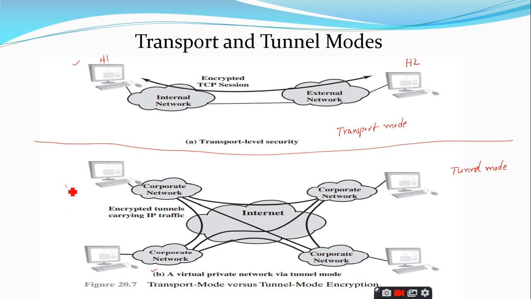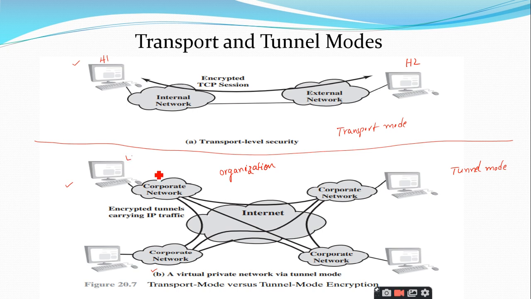And if you look at the second diagram, you can see that this is a tunnel mode and this is something different from the transport mode. You can observe here that a particular organization is there. Let me explain it. An organization has 4 different networks at 4 different locations.